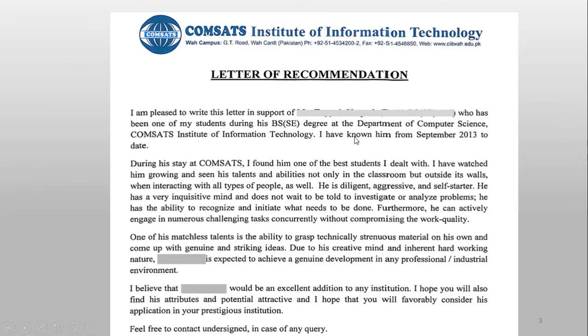the recommender has known him from September 2013 to date, for example, seven years or four years, whatever. Then after that he is writing his skills: aggressive, self-starter, investigates and analyzes problems, recognizes and initiates what needs to be done, takes on challenges, work quality, or he's a quick learner.